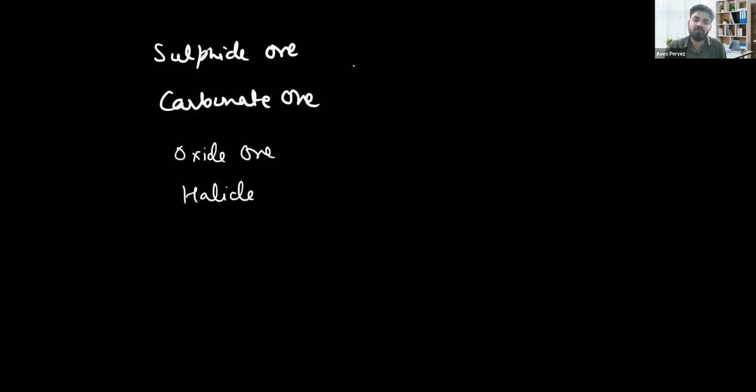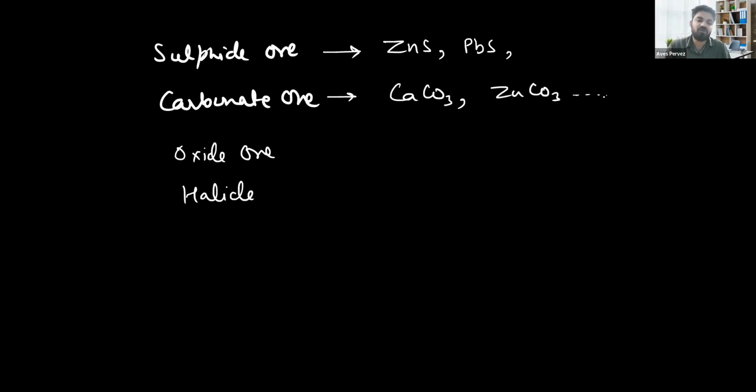In sulfide ore, for example, we have zinc sulfide and lead glance, PbS. Similarly, carbonate ores are CaCO3 and ZnCO3. Oxide ores are like Al2O3 and Fe2O3, and halide ores contain chloride or bromide, like NaCl and KCl.